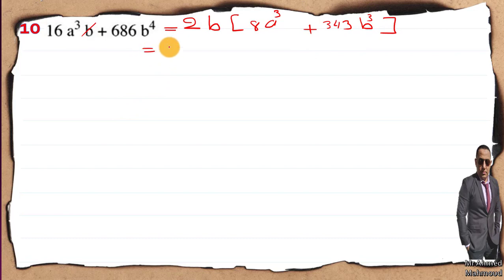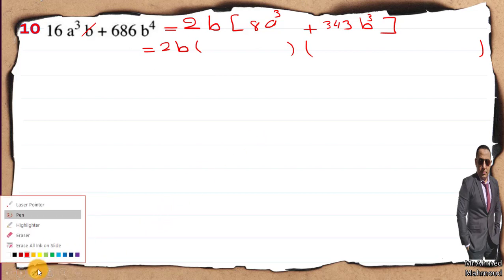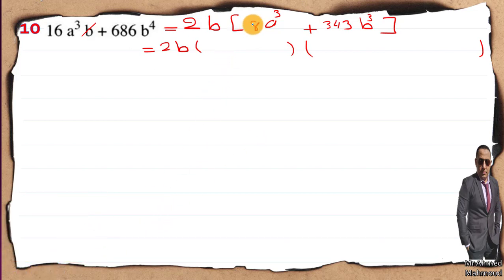And now I have cubes, so I'm going to open two brackets, a small bracket and a big bracket. So 2b, small bracket, big bracket. So I'm going to distribute the sign. Here plus, so the small bracket is plus, and this is opposite, and this is always plus. Cubic root of 8a power of 3 equals 2a.